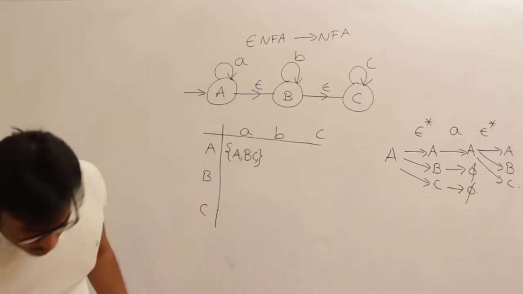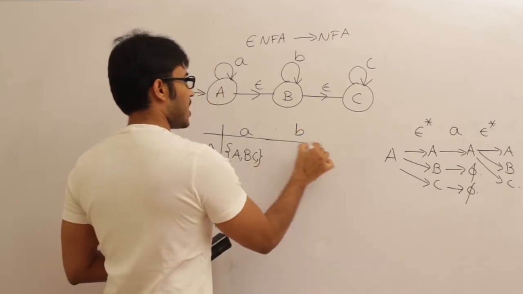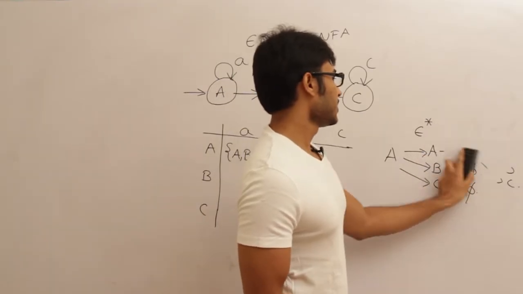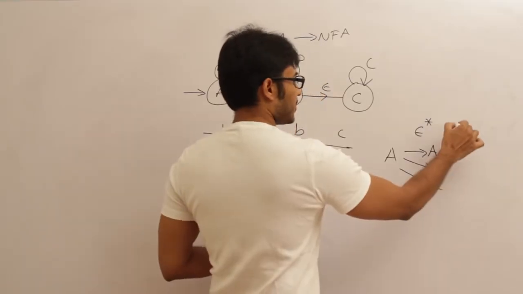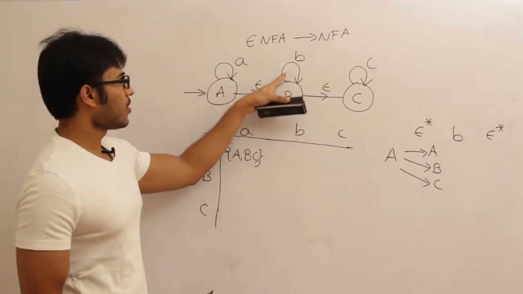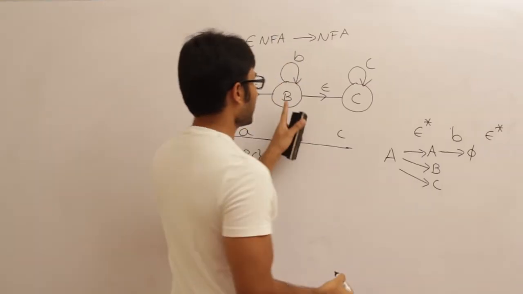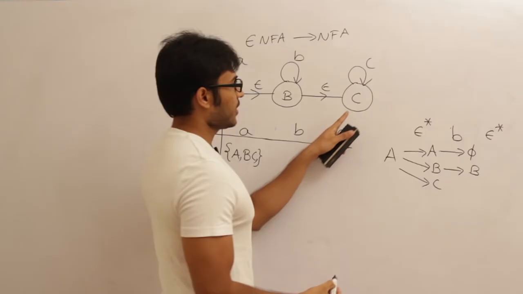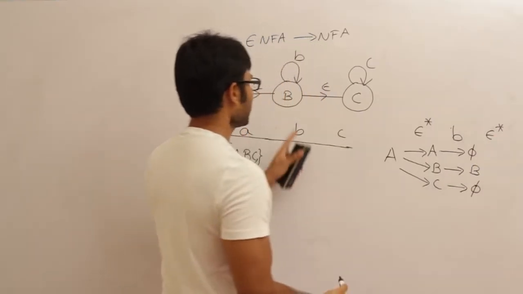Fine. And now we have to find out what happens on b and what happens on c for capital A. So everything remains the same till here. Now I have to find out what happens on b. Capital A on small b is going to phi, which means it is going to die, and capital B on small b is going to capital B itself, and capital C on small b is going to phi. What about epsilon closure?